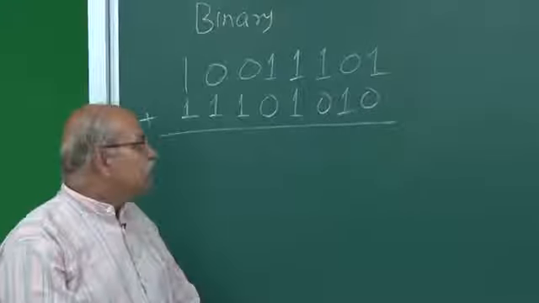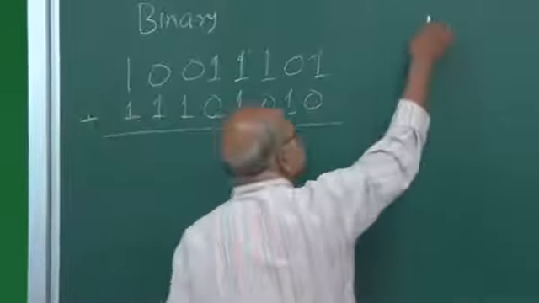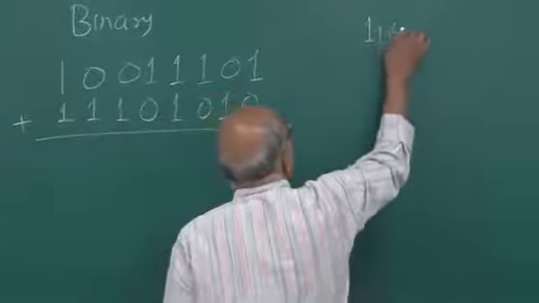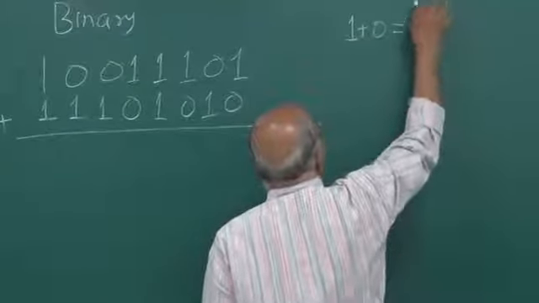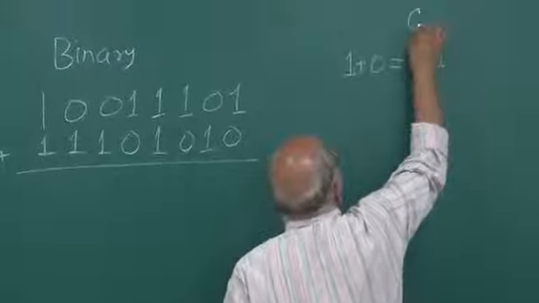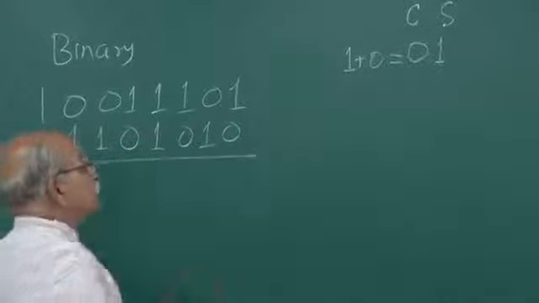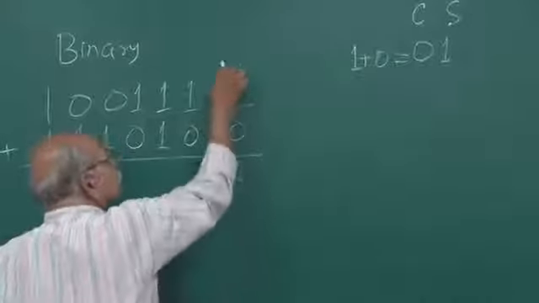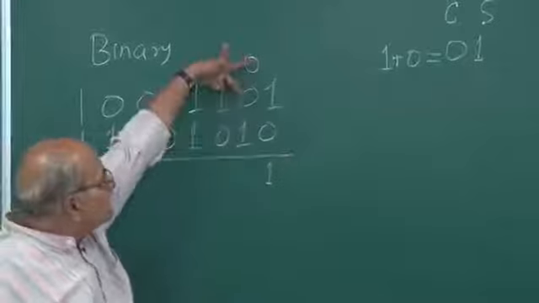So what do I need? 1 plus 0. I should know that 1 plus 0 is 1, and if I write 1, I also write 0 here. So this is the carry digit and this is the sum digit. Then 1 plus 1 gives me a sum that I write here, and a carry I write here. Then 0 plus 0.